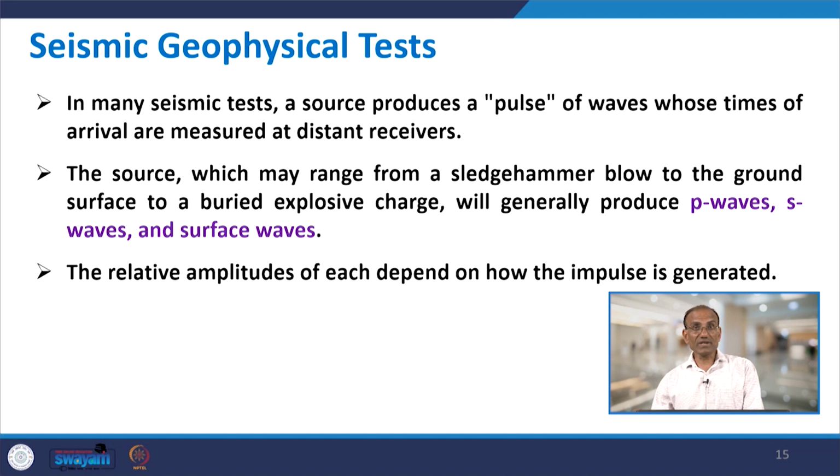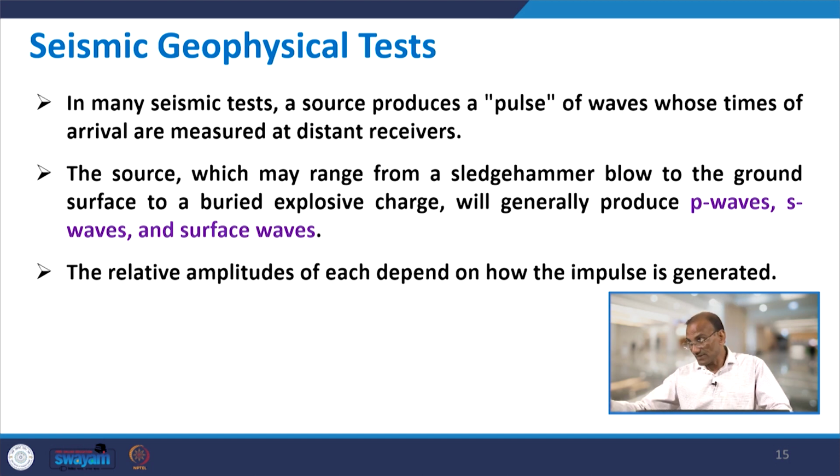When we talk about field tests, one series of tests is called the seismic geophysical test. In the seismic geophysical test you do not require any drilling, and in many seismic tests a source produces a pulse of waves. You have a source, hammering or something, which creates a disturbance and produces waves.